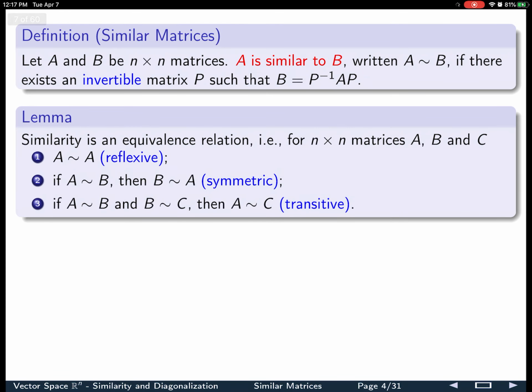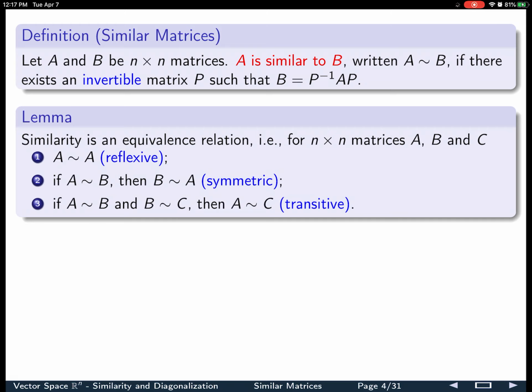This little lemma talks about how similarity is an equivalence relation on square matrices. An equivalence relation just means that we're able to sort all of the matrices into different classes, like we would be able to sort all of the fractions out there into classes of equivalent fractions.